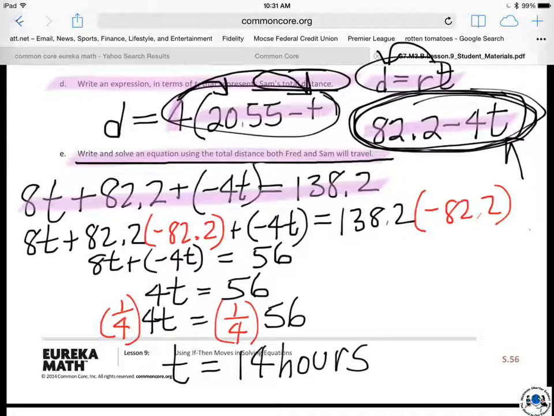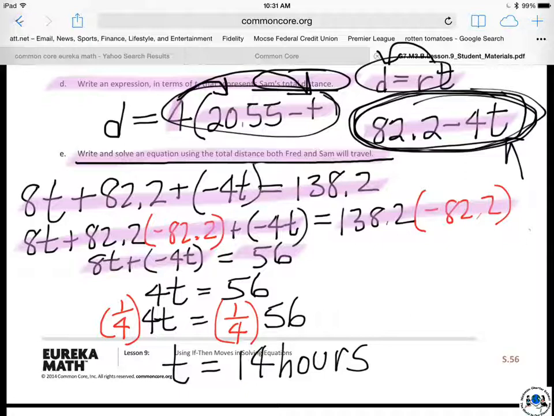And then making zero right here, just getting rid of that 82.2 from the left side, and doing the same on the right side, we end up with this. So now we have 8t, of course our 8t stays, plus our negative 4t equals 56, and that of course is 138.2 minus 82.2.